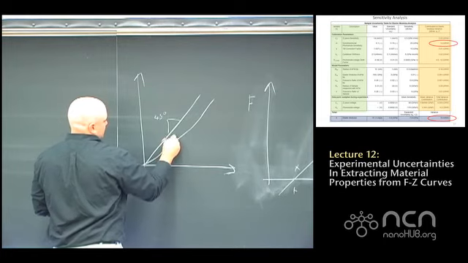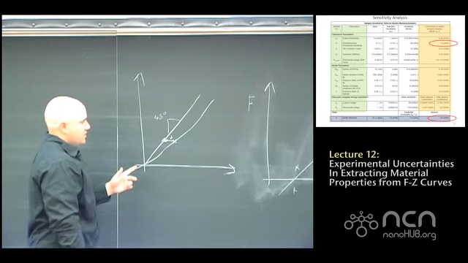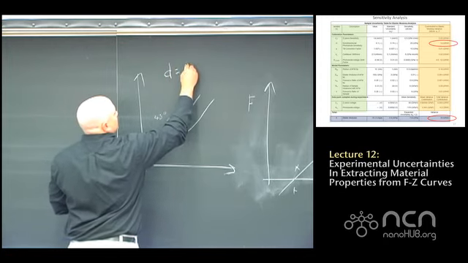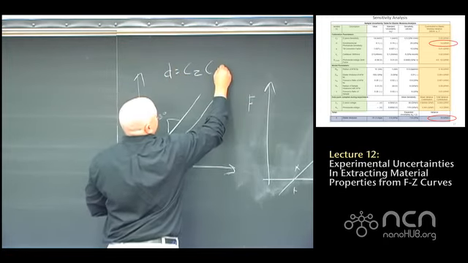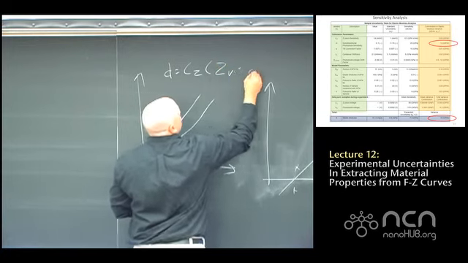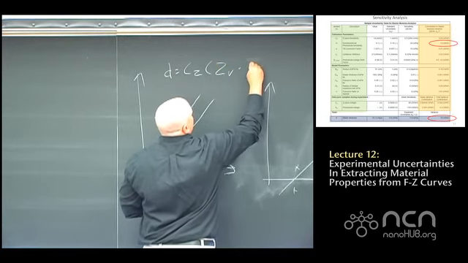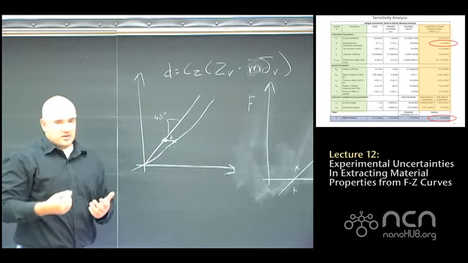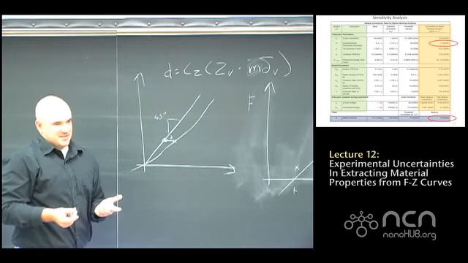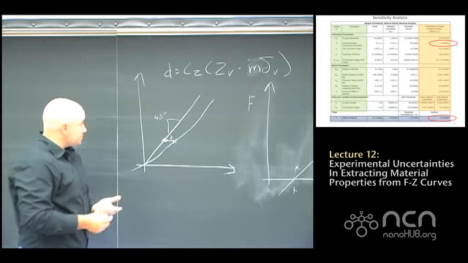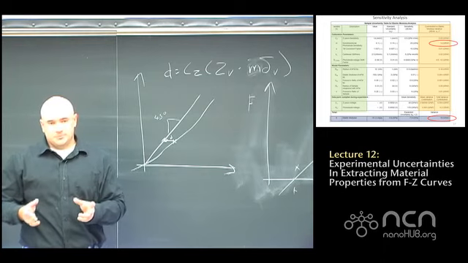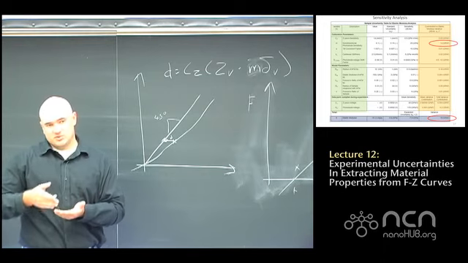This was D. And then the equation for D, in terms of calibration, was D equals CZ ZV minus the cantilever deflection in nanometers, which I'll designate as a relatively large number compared to D. Our Z piezo displacement in nanometers is also a relatively large number compared to D. We essentially subtract those two, and we get a small number. So we have two large numbers subtracted to get a small number.